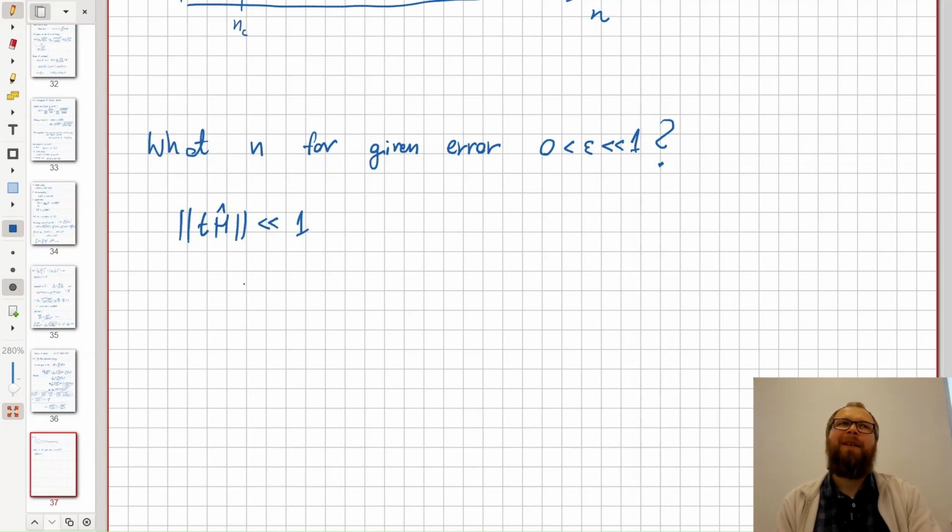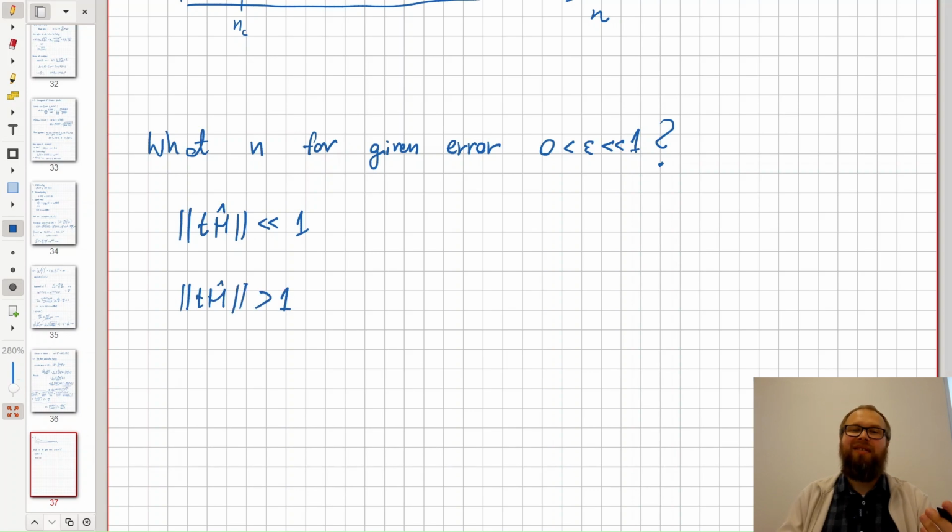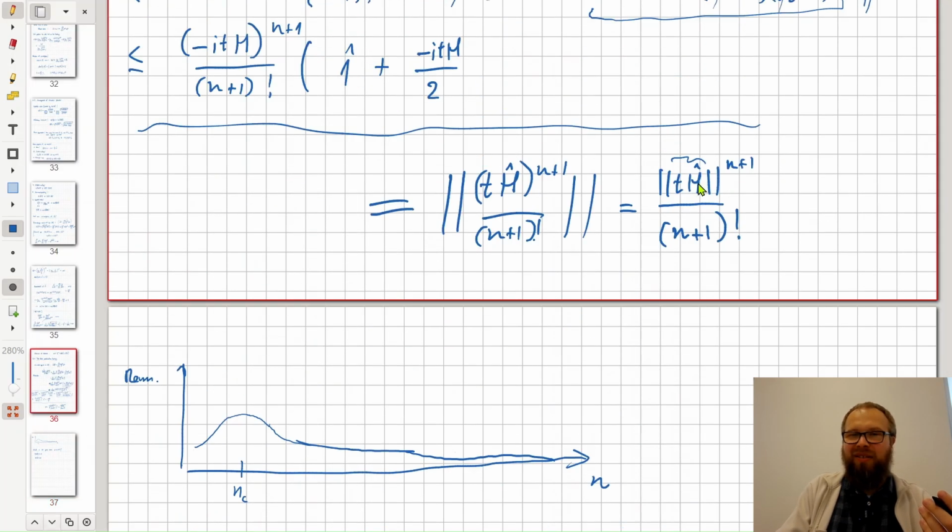It's fine. Things change when you are in the opposite regime, when this is actually bigger than 1. Because now the powers in the numerator start growing instead of getting smaller, right? So now this is the regime where the factorial in the denominator fights with the numerator for dominance.